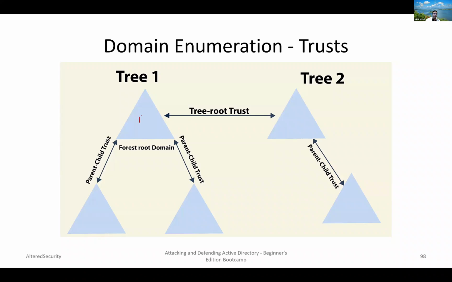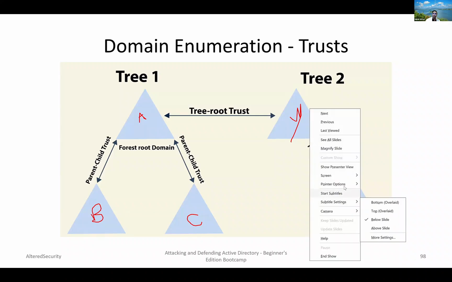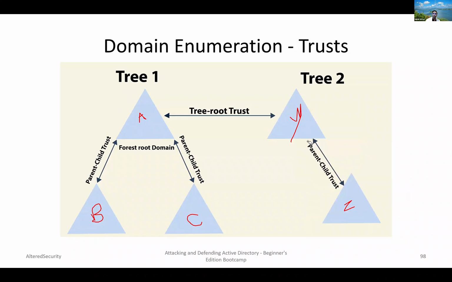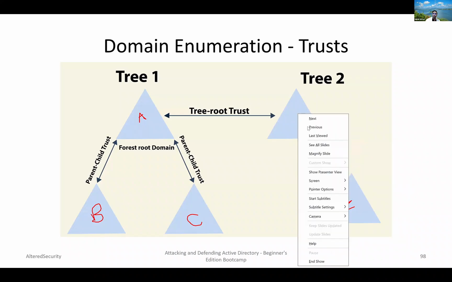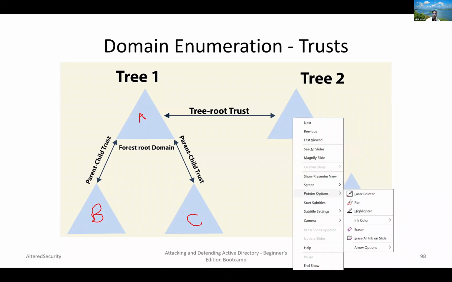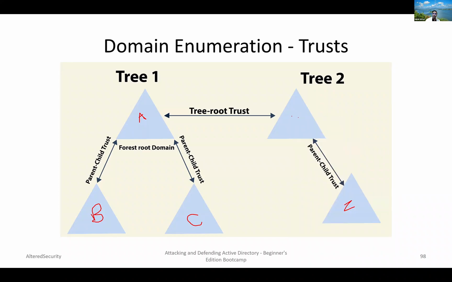Let's say there are two trees in a forest. A, B, and C in tree 1 and Y and Z in tree 2.